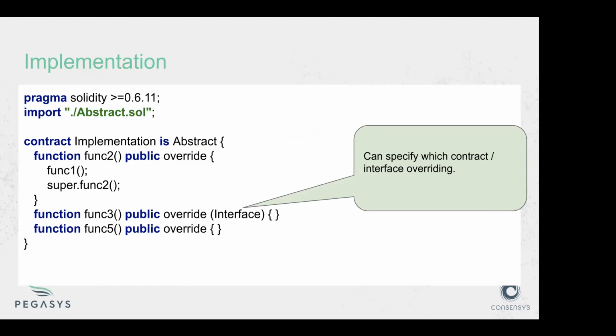You can also specify the interface or the implementation or the other contract which is being overridden. So for instance here, function 3 or func3 was defined in the interface that I called interface. And so you could specify that here.